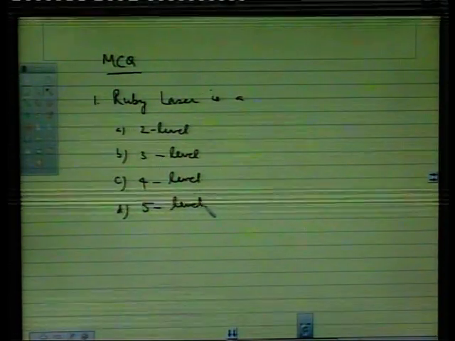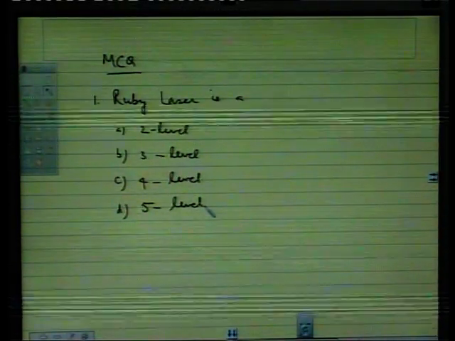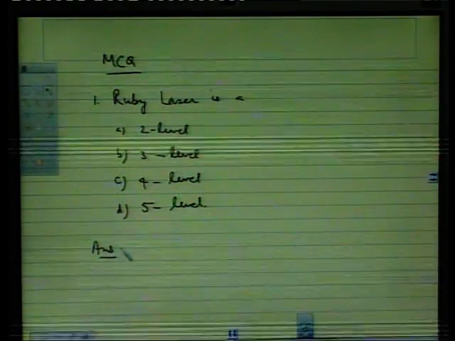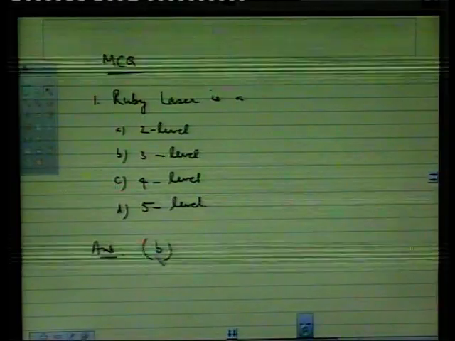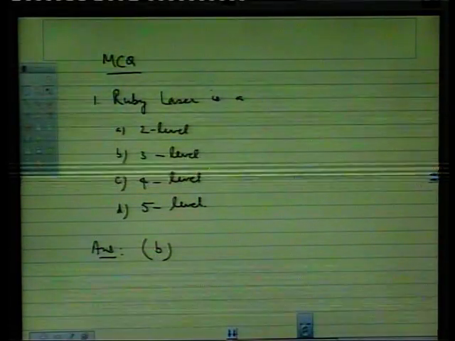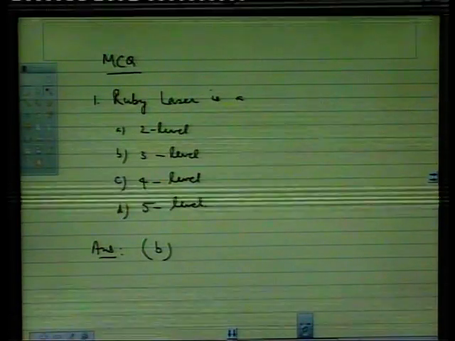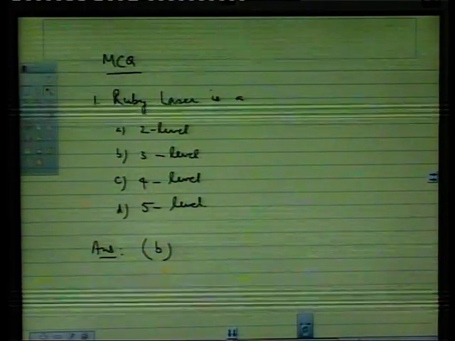As you must have studied in the chapter of laser, Ruby laser is 3 level, so the answer is B. You would write only B, no repetition of the question in the answer sheet. So, this is the 3 level laser.